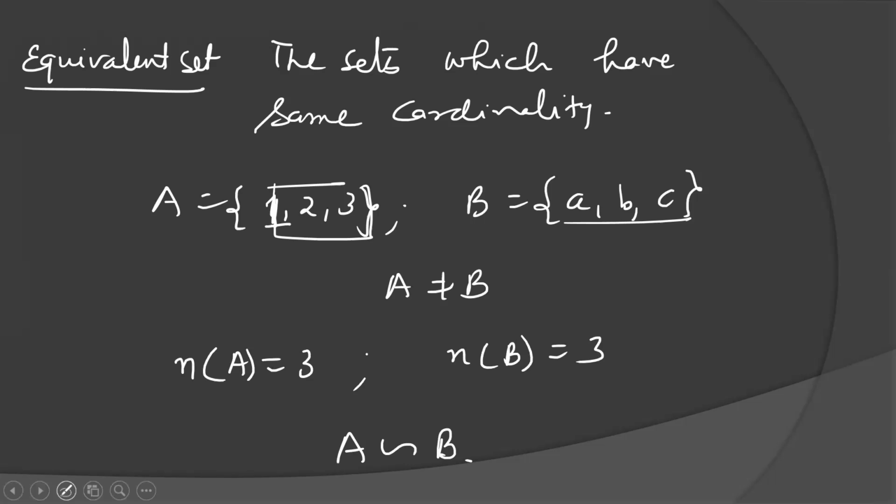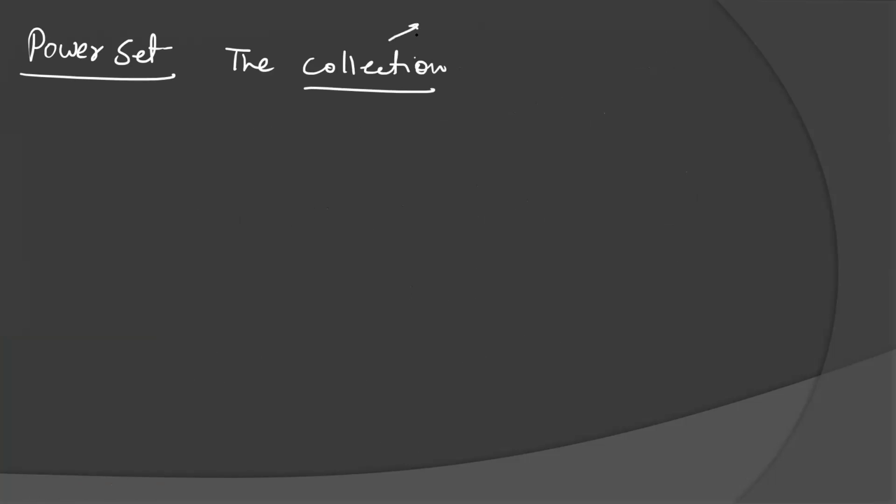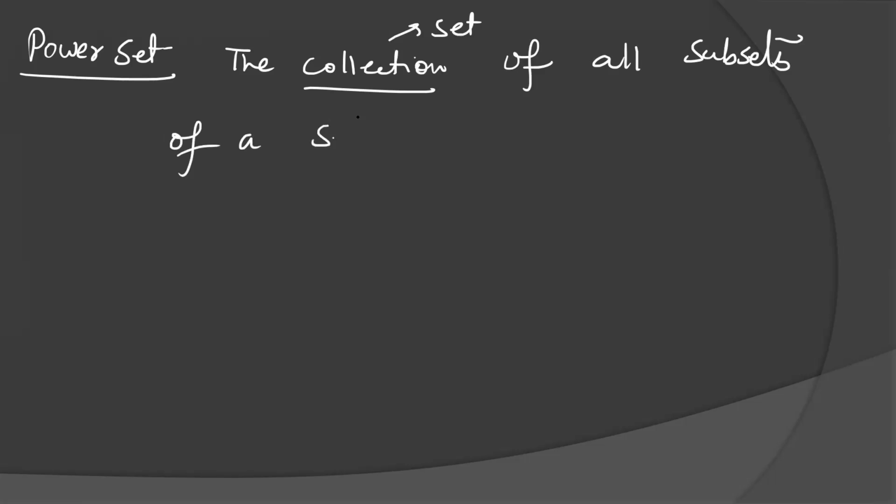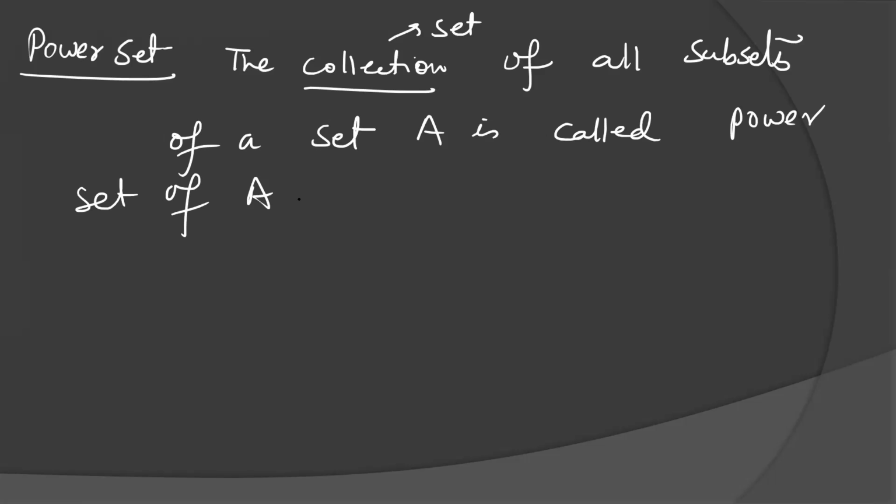Next definition I am going to write here is the power set. The collection, meaning a set, of all subsets of a set A is called the power set of set A. For making a set, we have to supply curly brackets.